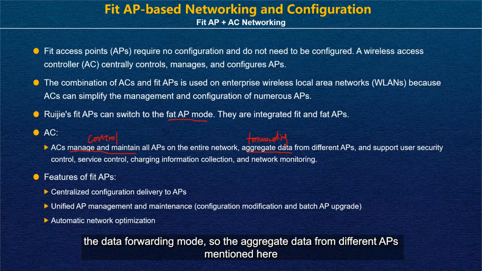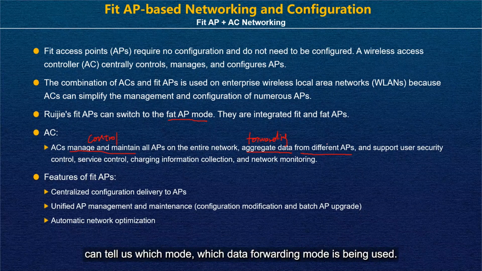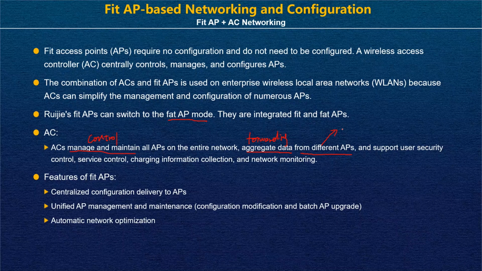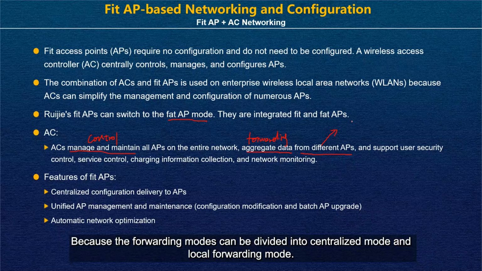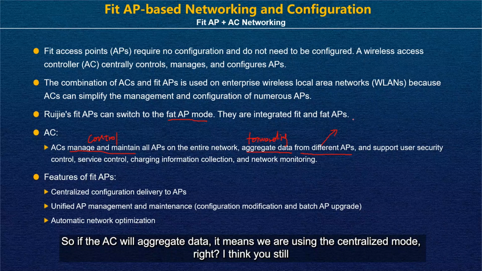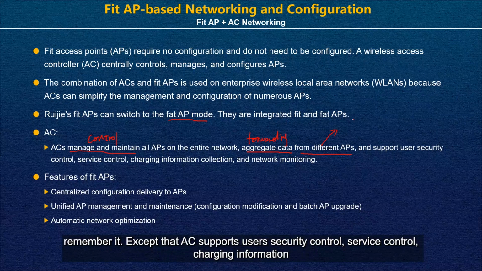The aggregate data from different APs mentioned here can tell us which data forwarding mode is being used. Because the forwarding modes can be divided into centralized mode and local forwarding mode. So if the AC aggregates data, it means we're using the centralized mode, right? I think you still remember it.